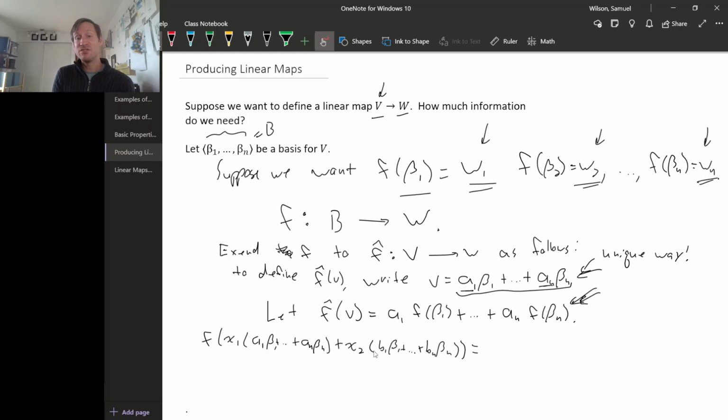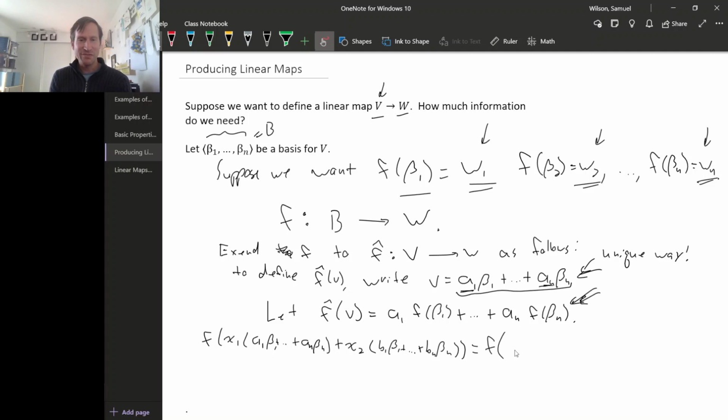So what does f do to this? Well, to know what f does to this, we have to write this big vector inside as a linear combination of the betas, because then we just use the coefficients in this way. In other words, we have to combine like terms according to what betas show up.